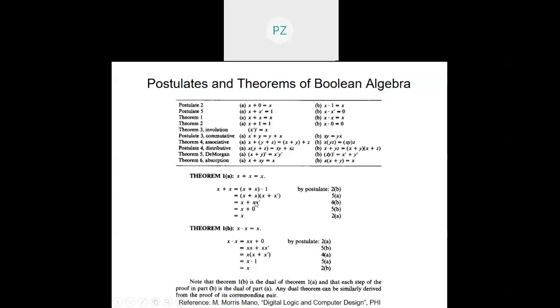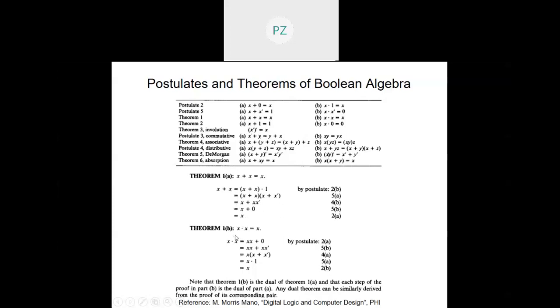Let me put it like this in order to make it more clear. x plus x times x plus x bar, so you see, this is being obtained from the distributive property. Now x times x bar is 0. We have seen it from postulate 5b. So this will be x plus 0. Now x plus 0 is x, I have seen from postulate 2a. So ultimately I can prove that x plus x is equal to x.